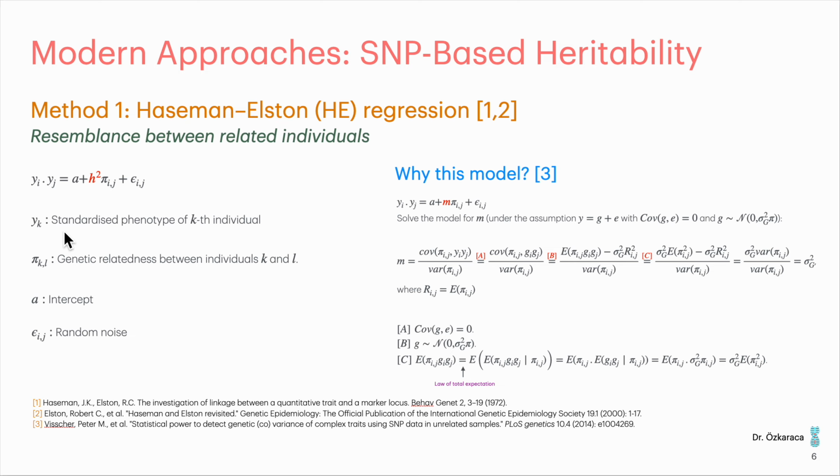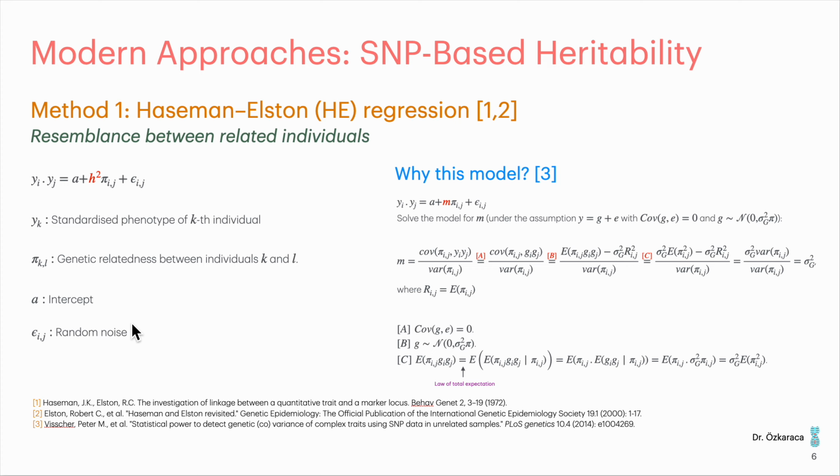Yk represents the trait value for individual k. We assume that it is standardized. And pi kl is the genetic relatedness between individuals k and l. A is the intercept, and epsilon kl is the random noise. Under this model, heritability can be estimated.